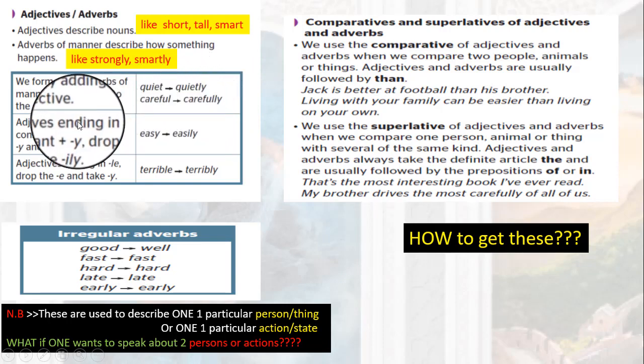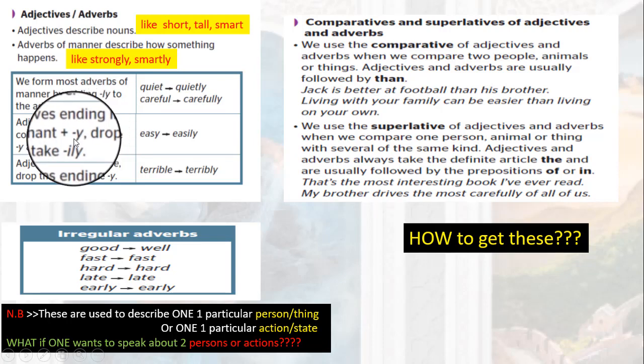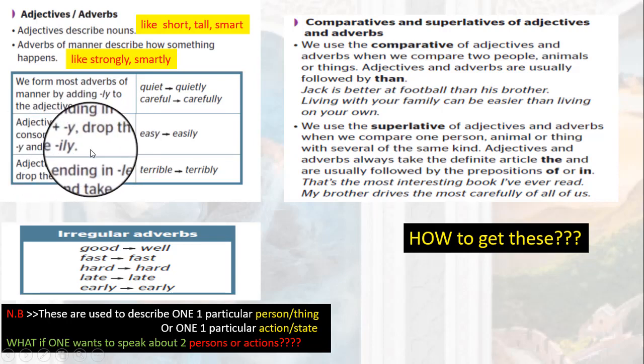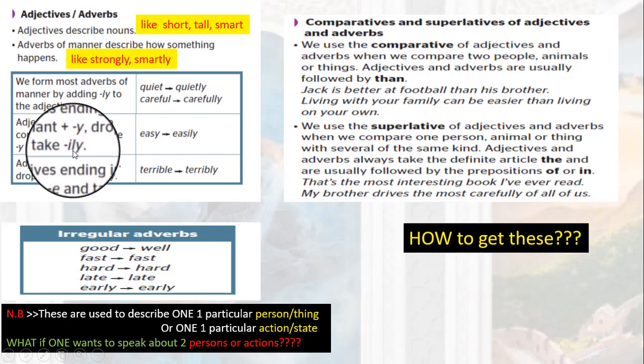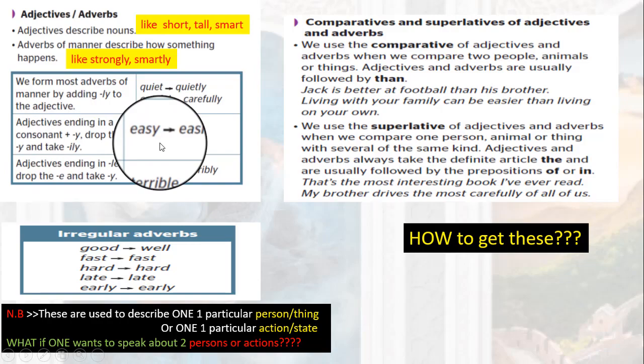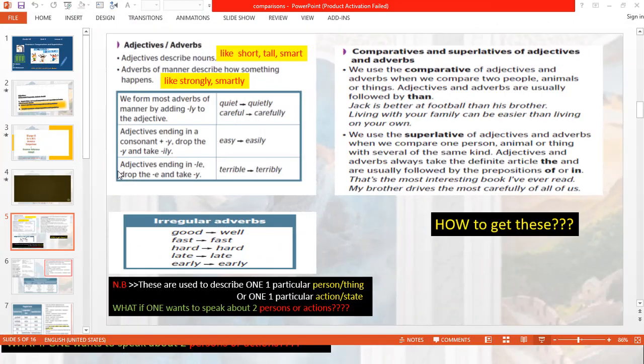If the adjective ends in y, we drop the y and we add ily, like easy, easily. And we get adverbs from adjectives ending in le by dropping the e and adding a y, like in terrible, terribly.